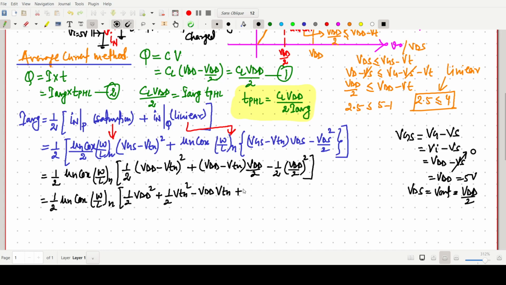Plus now it can be written as VDD square by 2 minus VTN VDD by 2. Then if we solve this one, 4 to 8, minus 1 by 8 VDD square. Very simple calculation is there. Now again I am writing 1 by 2 mu n cox w by l of n.